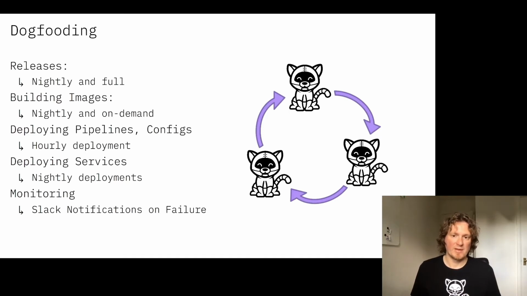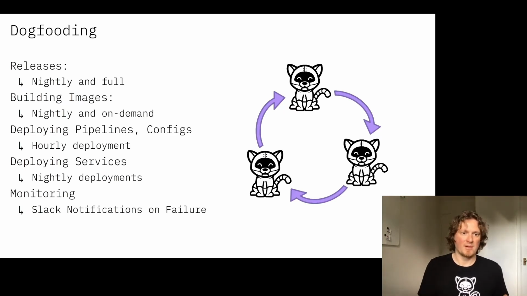And specifically on the CD side of things, we incrementally built and added functionality for having nightly and full releases, for building container images, both on demand and nightly. Also, our CD pipelines are manifests, which are stored in Git, so we need to deploy those manifests to our plumbing cluster, which we call dogfooding.